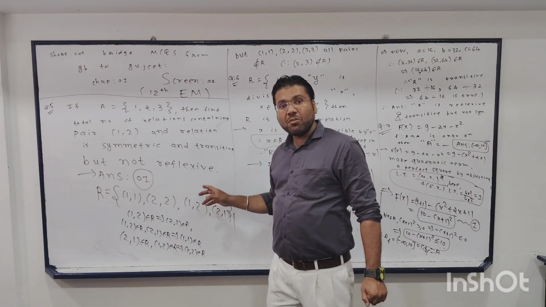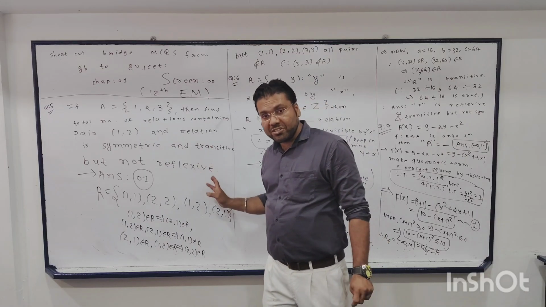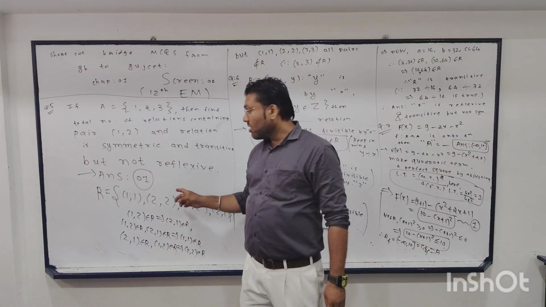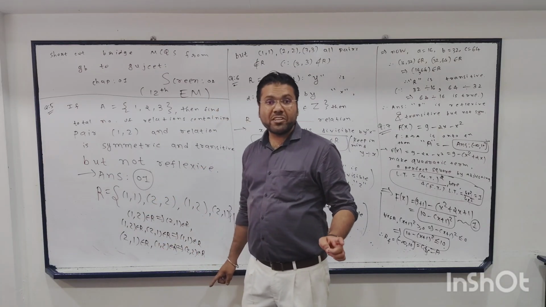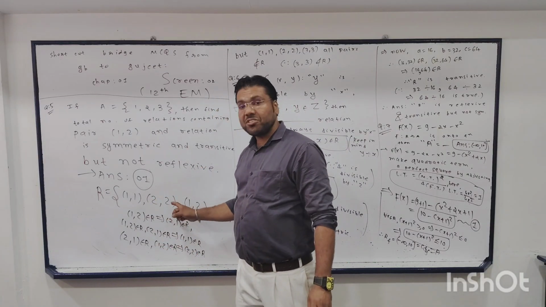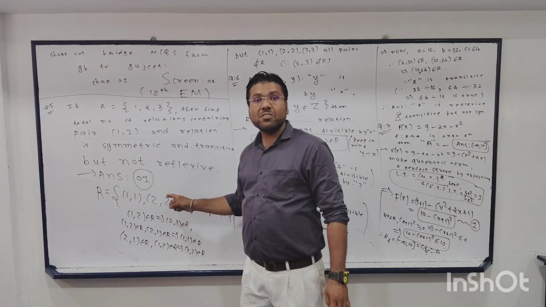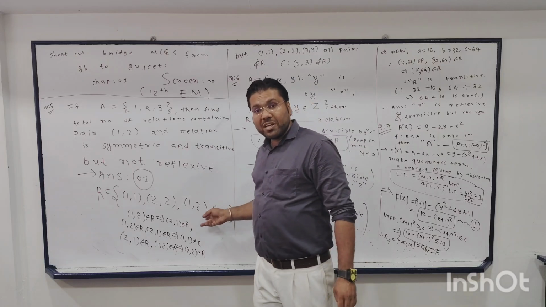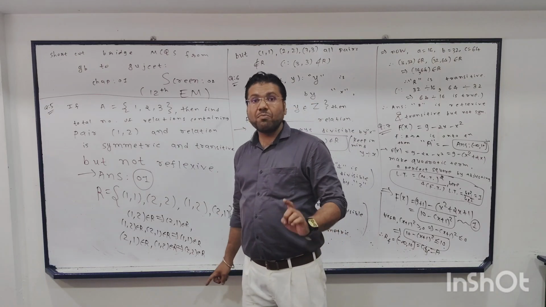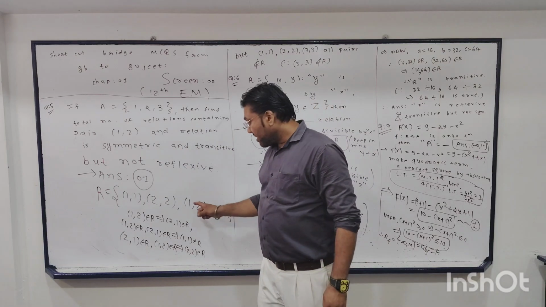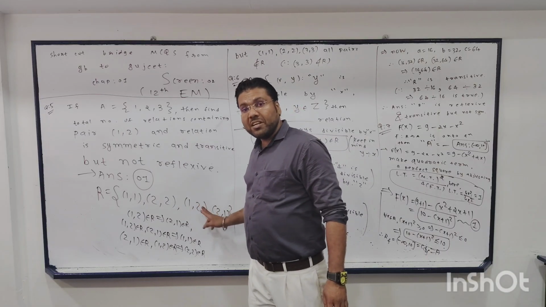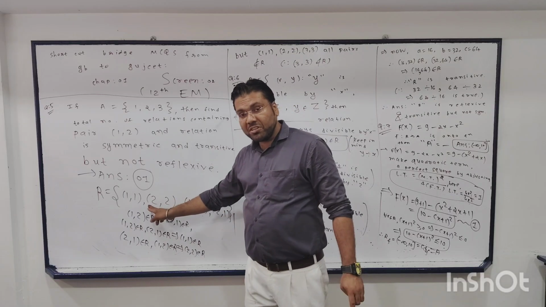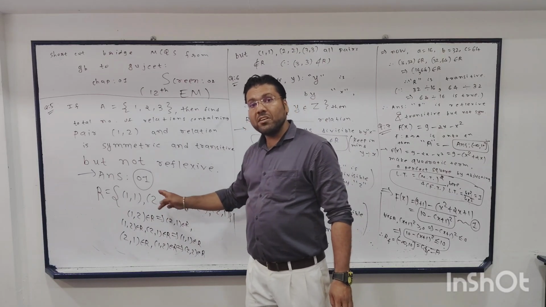So friends, here we are getting only one relation which is not reflexive. Why is this relation not reflexive? Because all the reflexive pairs should be present in the relation. Here the (3, 3) pair is not present, so the relation is not fully reflexive, but it is symmetric and contains the transitive pairs (1, 2), (2, 1), (1, 1), and (2, 2).